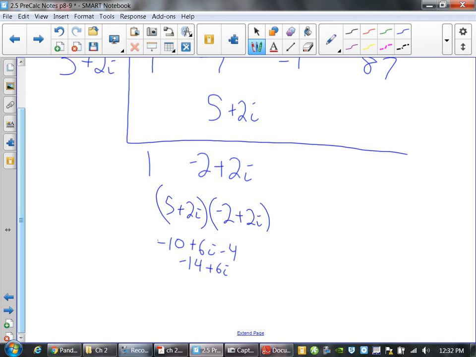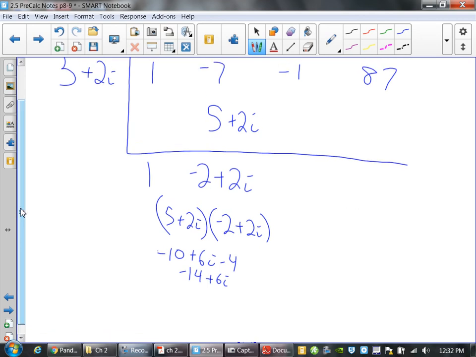All right. So I bring that back up. I add them coming down. I get negative 15 plus 6i. I multiply.